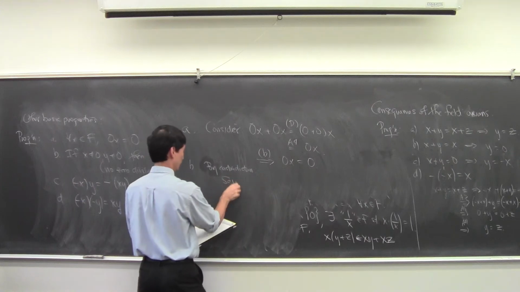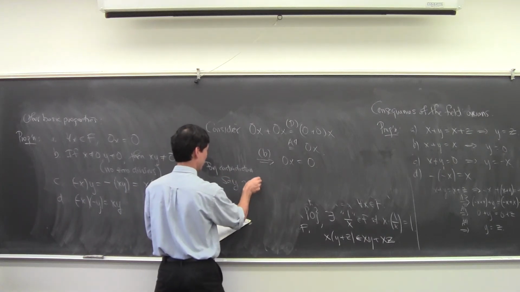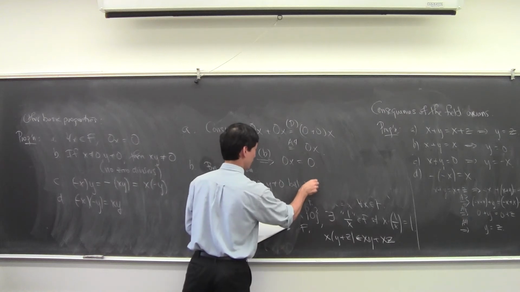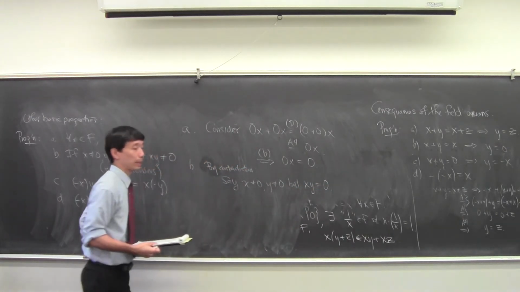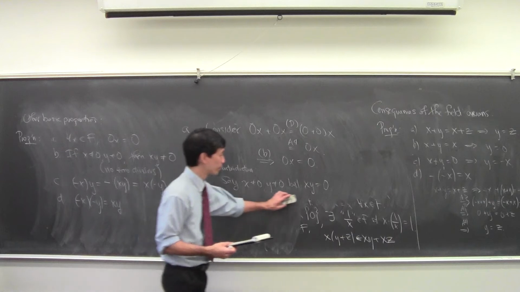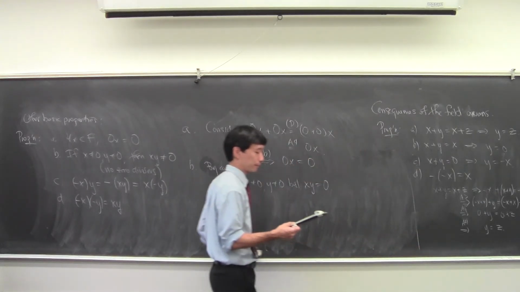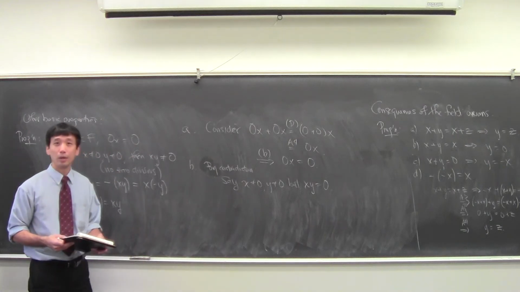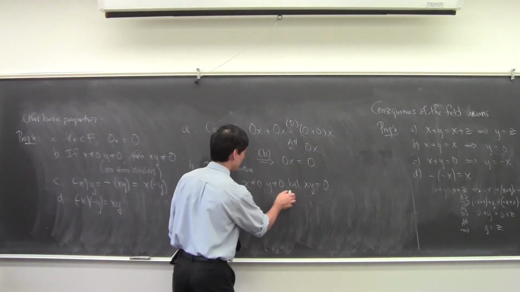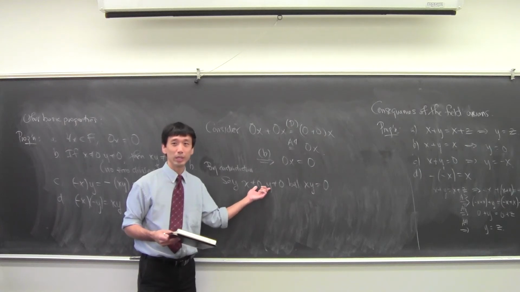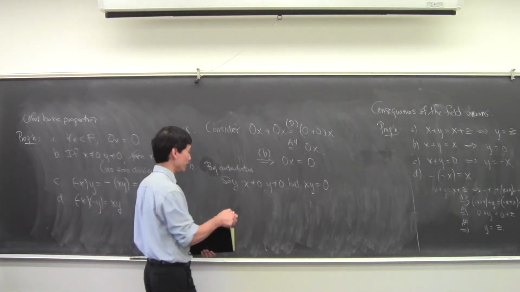Say that x is non-zero and y is non-zero, but the product equals 0. Since each of these is non-zero, they both have multiplicative inverses.